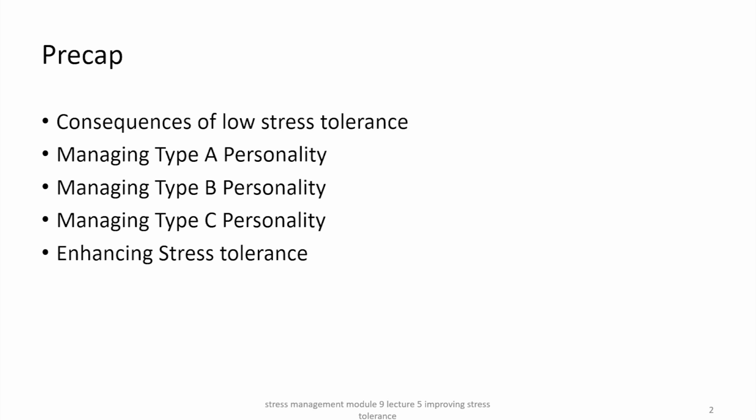The second segment takes up personality types A, B and C and provides specific techniques to work upon the shortcomings of those people who have a particular type of personality and the way these shortcomings can be overcome, so that the person becomes better adapted to his or her environment and reduces the level of perceived stress significantly.